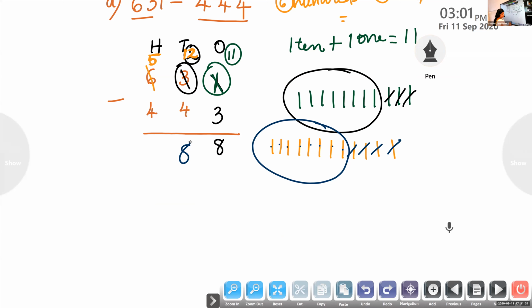Now 5 minus 4. Our question here is 444. So from 11 we get 8, 7 over here. There I have written 3, it is 4.